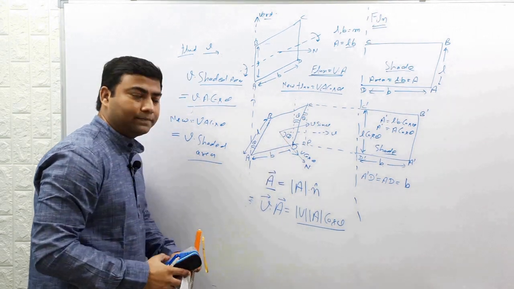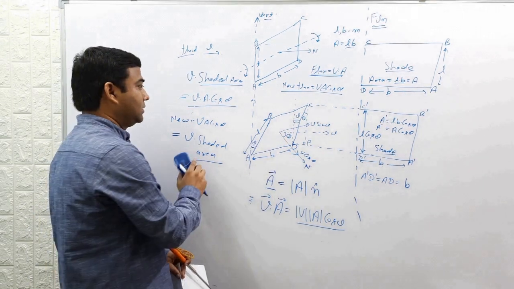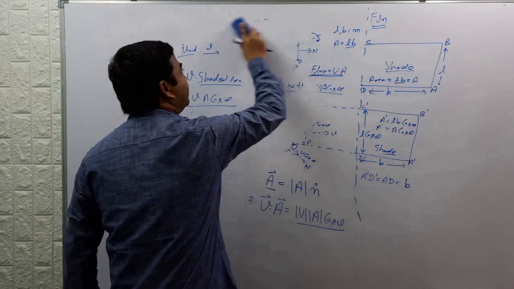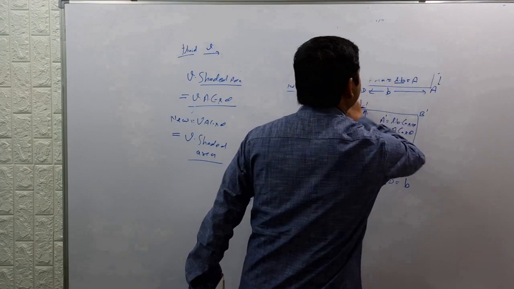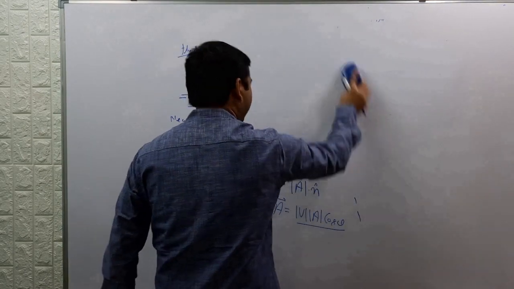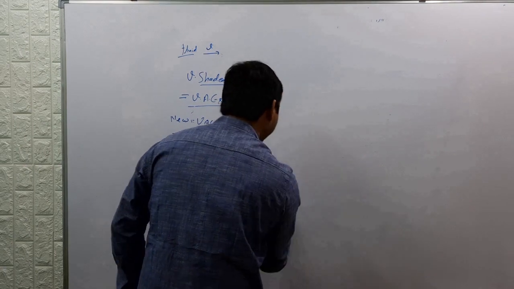So we can find flux by the three methods we have discussed here, and the area vector method is the standard method.